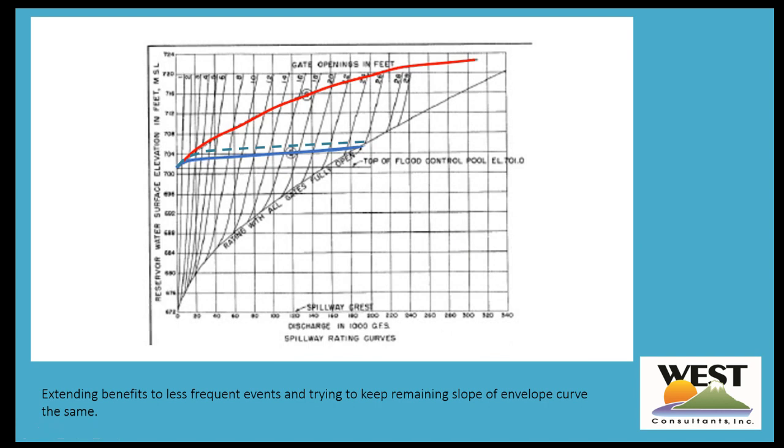So you may decide to try to push this out further to give you more benefits at these more frequent events, and also try to keep this slope the same, which would lead you to a higher elevation for having the gates fully open. However, the same considerations that went into determining this original fully open gate elevation are still going to be present here.